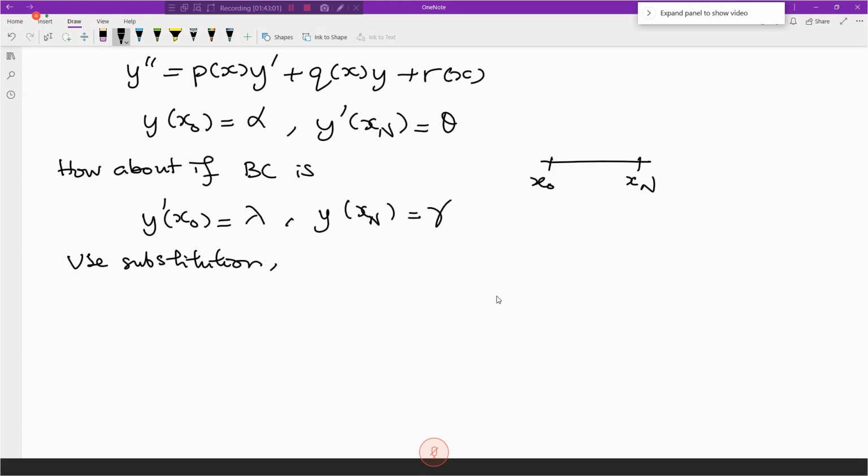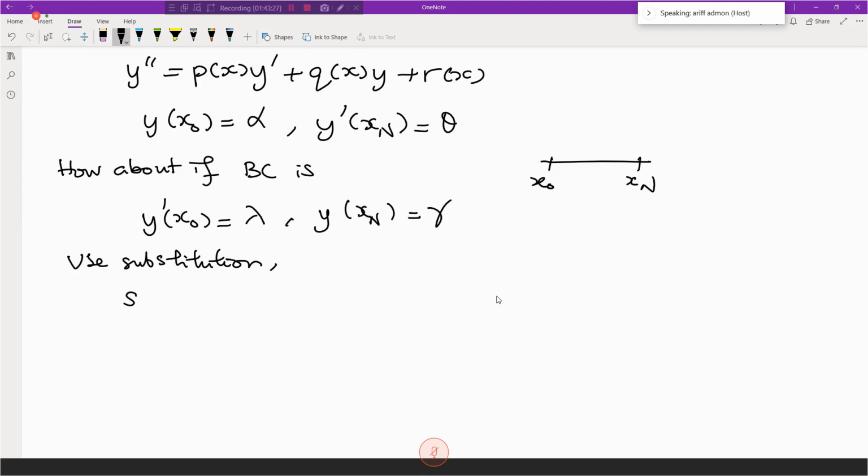You may use any symbol. Normally what kind of symbol? U, V, W, X, Y, Z, T, S. Okay, I'm using S.